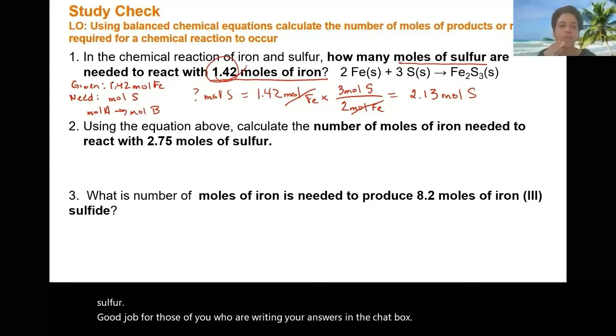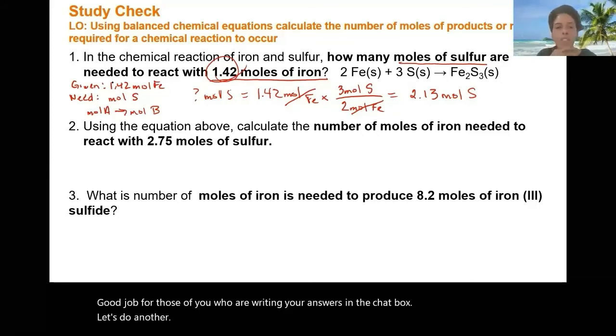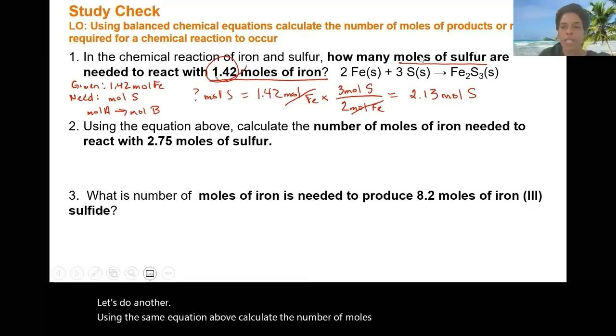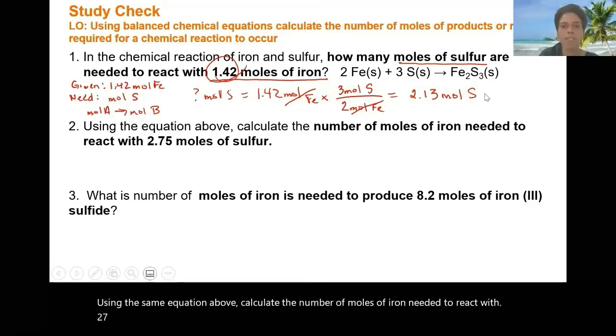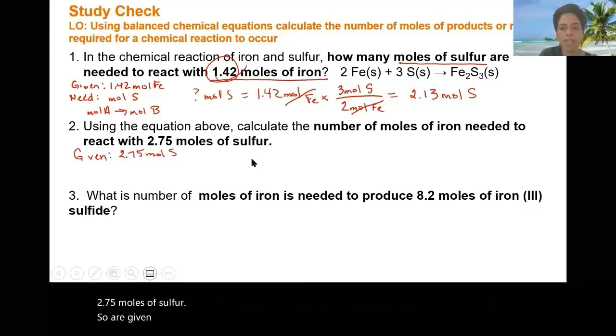Let's do another. Using the same equation above, calculate the number of moles of iron needed to react with 2.75 moles of sulfur. So our given amount is 2.75. What we need is our moles of iron.